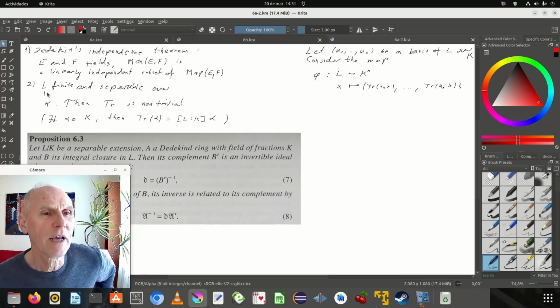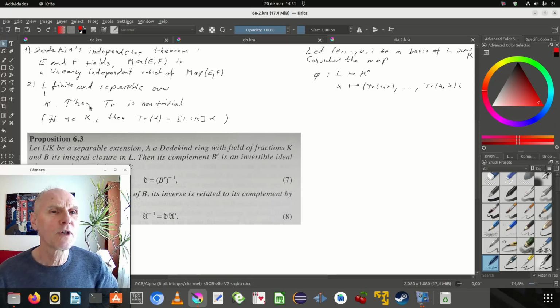The next is, if L is finite and separable over K, then the trace map is non-trivial. It's the sum of all the monomorphisms of E into the algebraic closure of E over F. And those monomorphisms are independent, so the trace map must be non-trivial.